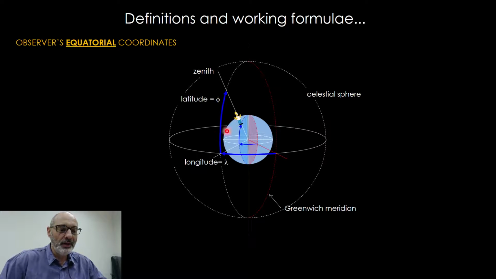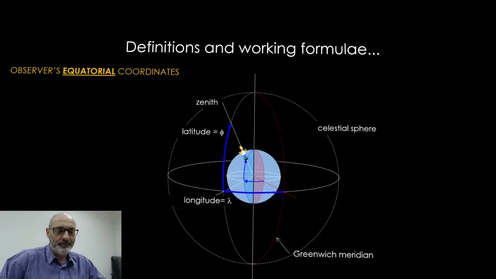If we project this on the celestial sphere, we can also measure on the celestial equator. You just put the word celestial before everything. So longitude is measured on the equator, or the celestial equator, and likewise latitude from the equator. No problem here.